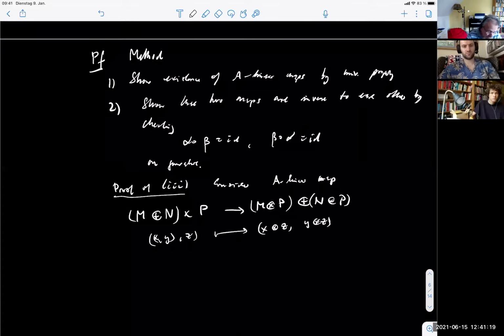And this is even wrong. It's not a linear map, it's a bilinear map. Sorry.